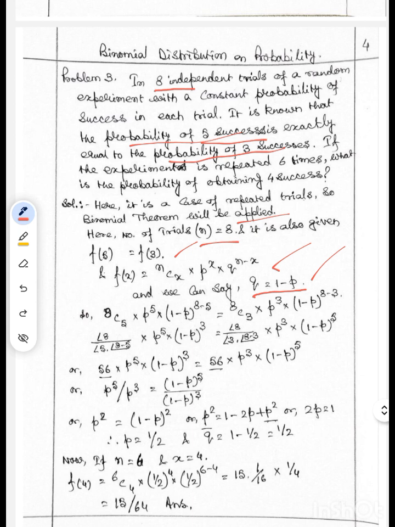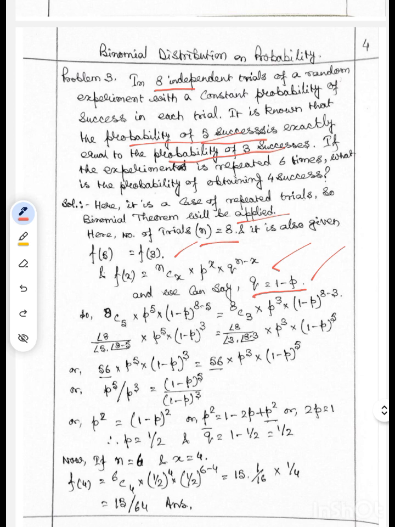Now 8 combination 5 into p to the power 5 into (1 minus p) to the power 8 minus 5. Similarly 8 combination 3 into p to the power 3 into (1 minus p) to the power 8 minus 3. For 8 combination 5 we get the result 56, and from 8 combination 3 the result is also 56.